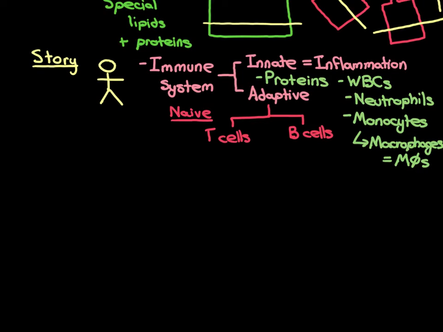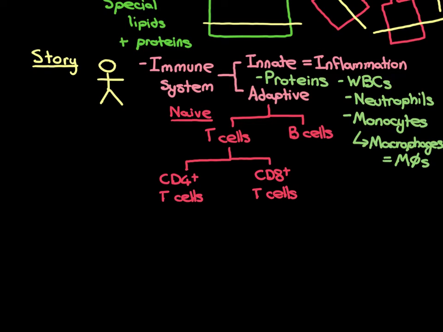Now, before we actually discuss something extremely important, let me say that there are two major populations of T cells. The great big population of T cells, we split them into two categories. There are the CD4 positive T cells, and then there are the CD8 positive T cells. If you look at all the T cells that you've got in your body, you can divide them into these two categories.